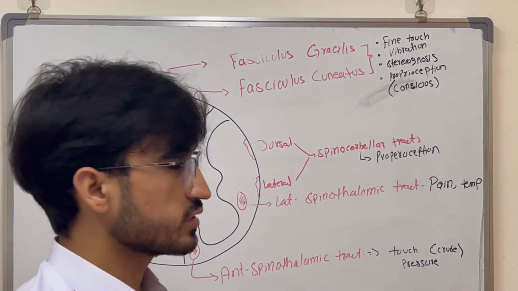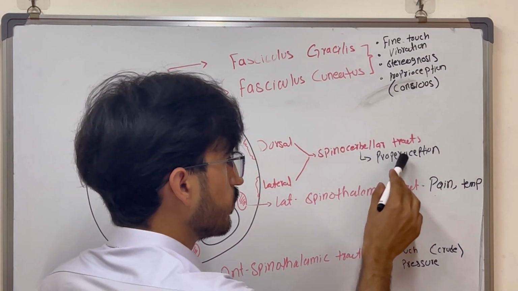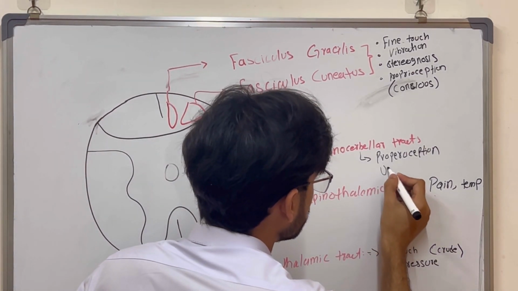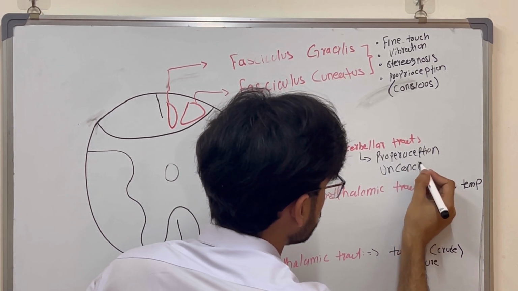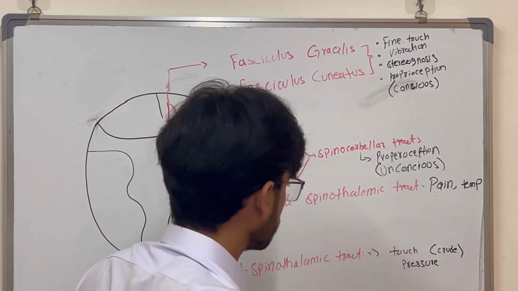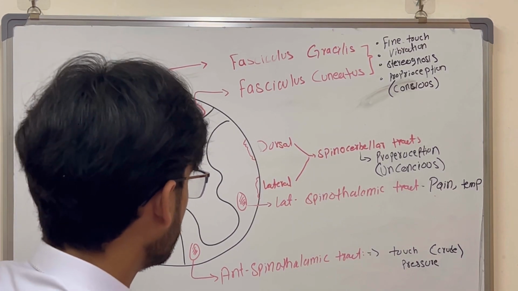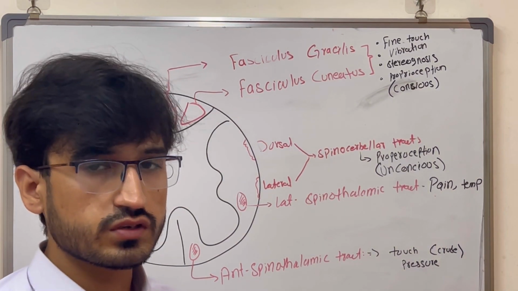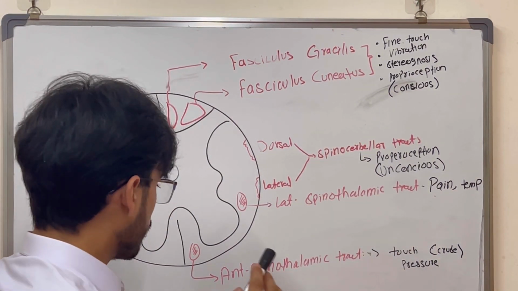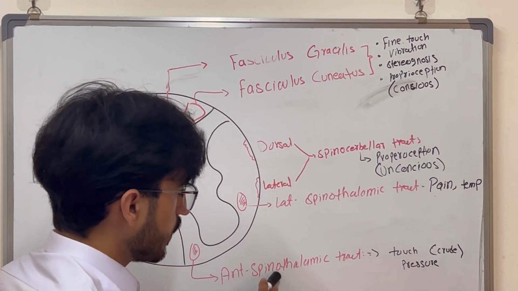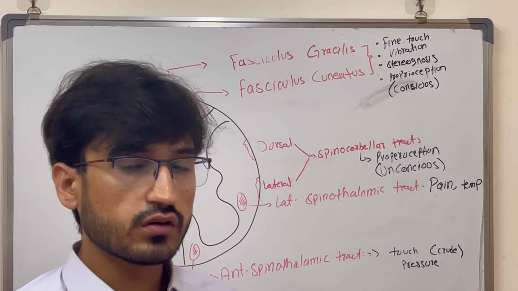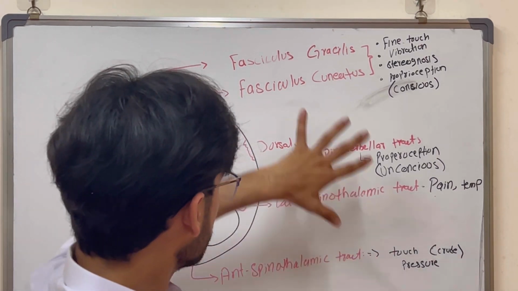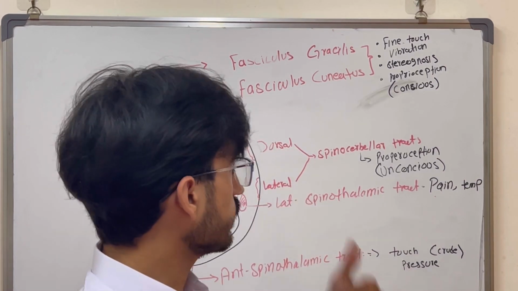The dorsal and lateral spinocerebellar tracts carry proprioception, but this one is unconscious. The lateral spinothalamic tract feels pain and temperature. And the anterior spinothalamic tract feels touch, but which touch? Crude touch and pressure. So this is all about the basic function of these ascending tracts.